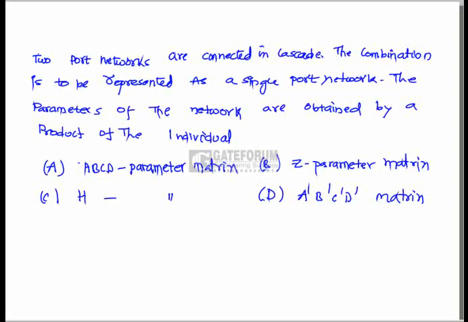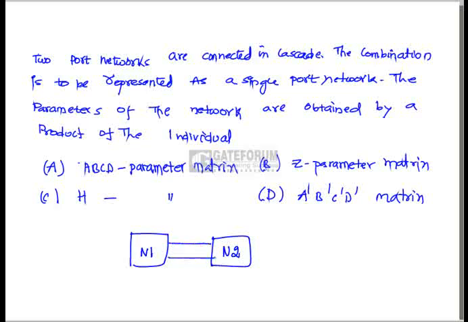Question is, two port networks are connected in cascade. The combination is to be represented as a single two-port network. The parameters of the network are obtained by the product of individual. Here, when two networks, network 1 and network 2, are connected in cascade, the output of network 1 is given as the input of network 2.